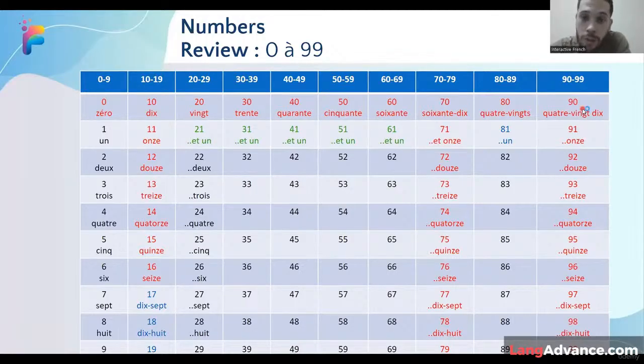All right, so that's basically how it works. Okay, so I hope this was useful. I hope you have no more doubts, no more difficulties with the pronunciation of these numbers. So that's basically it for all the numbers to review.